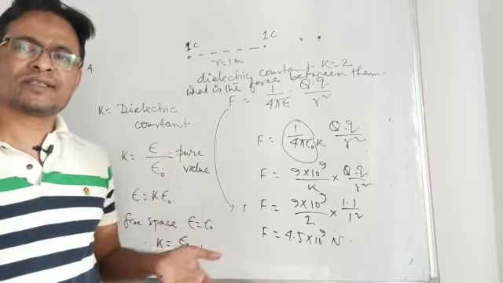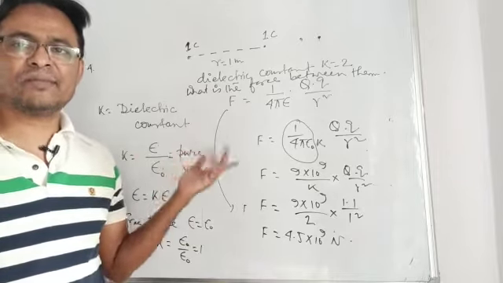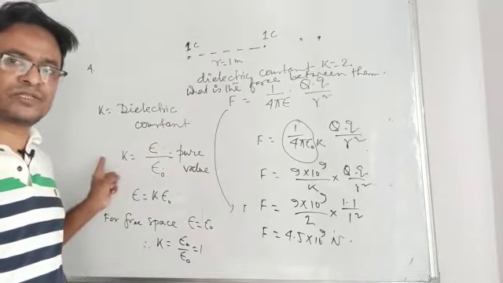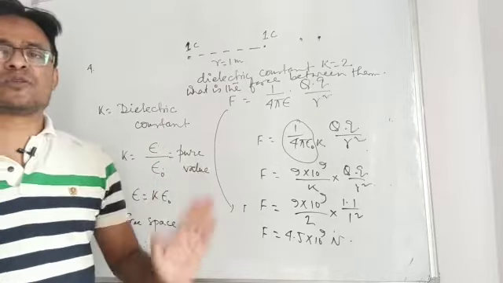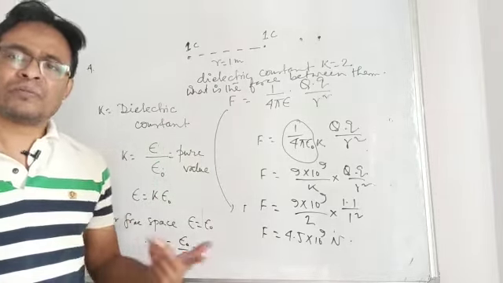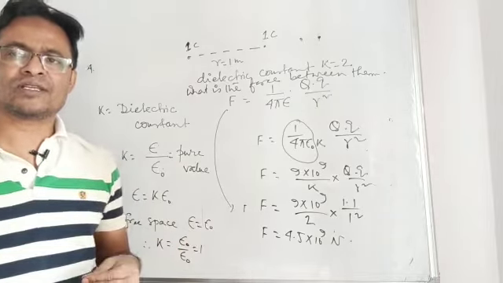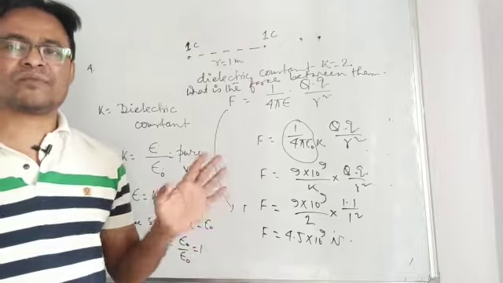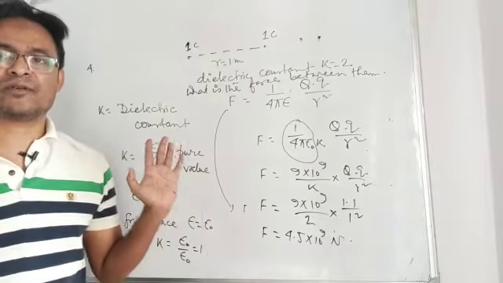So roughly you can say that is the reason behind giving the name dielectric, and it is a constant. Okay? But that is not the proper explanation. The scientist, who has not given his name, thought that let us give this type of name, and that's why it's called dielectric constant.